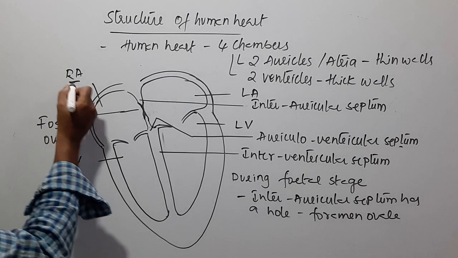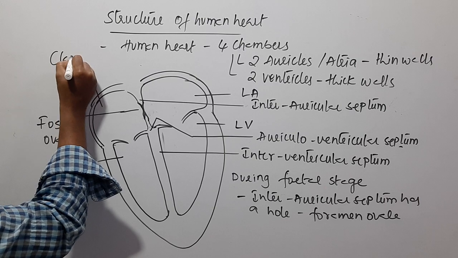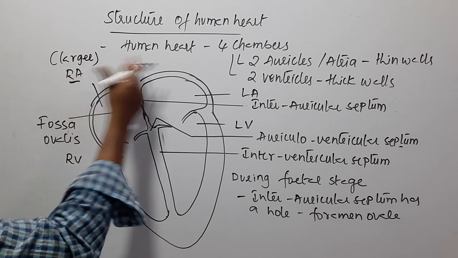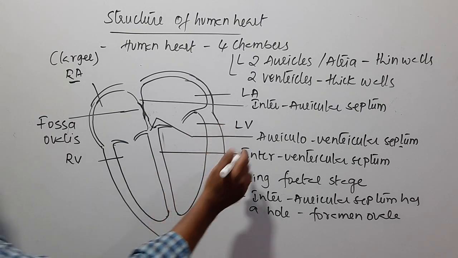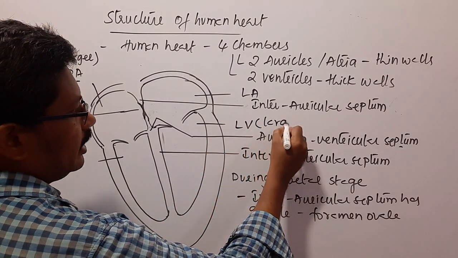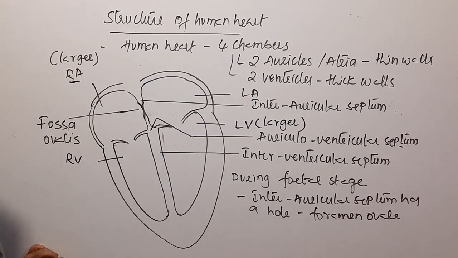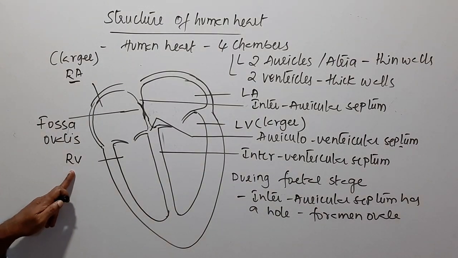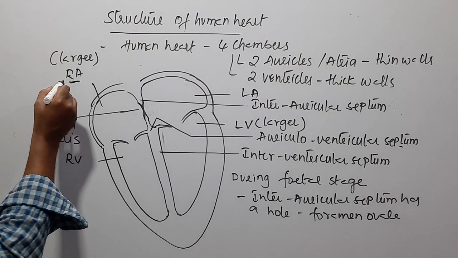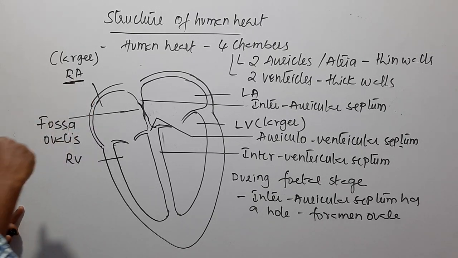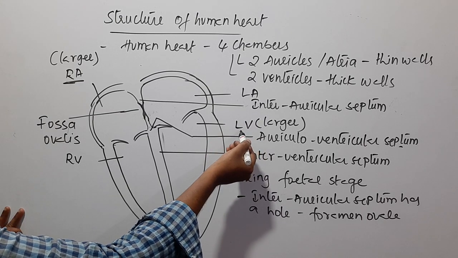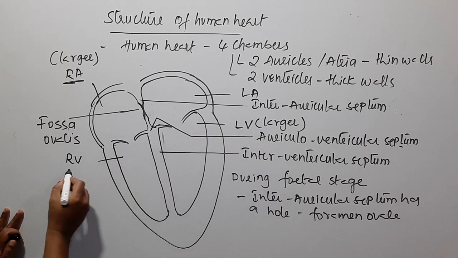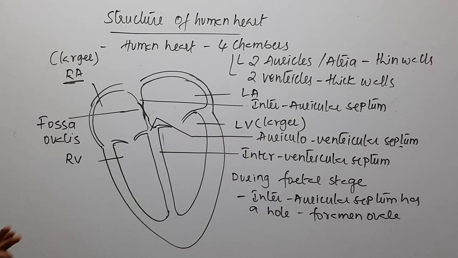The right auricle is larger when compared with the left auricle, whereas the left ventricle is larger when compared with the right ventricle.